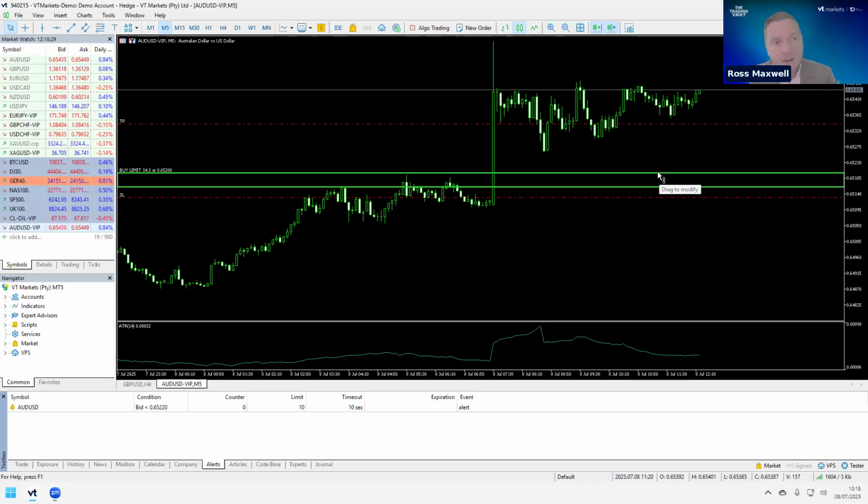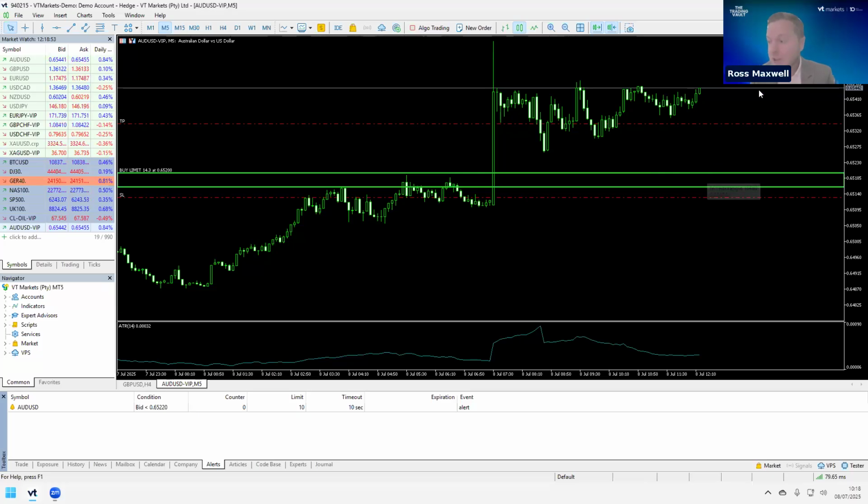What I have found quite often is that if there's an exaggerated spike on the back of something that happens, as long as these zones are some distance away, by the time the market moves down into them, the market's a little bit exhausted and you get a reaction from them anyway, because there is liquidity there.